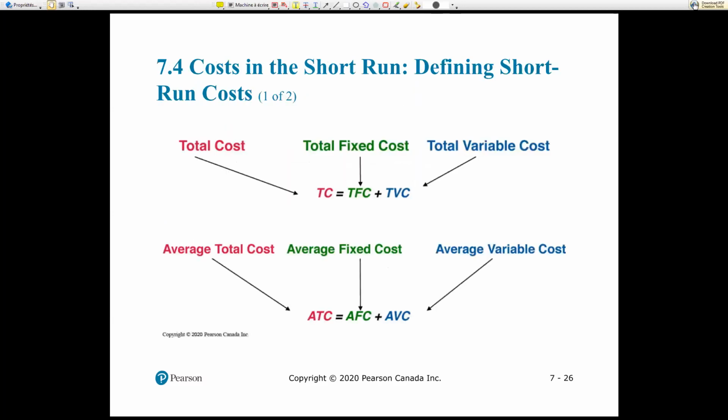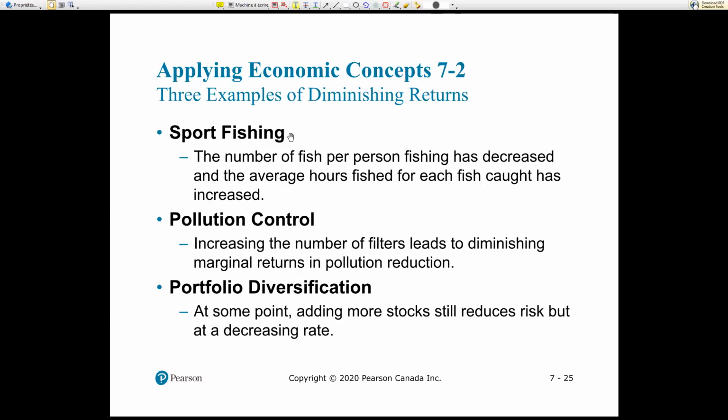All right. So costs in the short run. This is the product, what we've just seen so far. This is how much you produce by adding one extra unit of input.